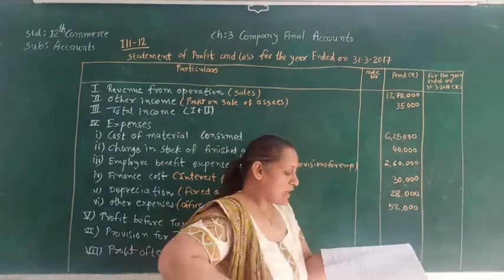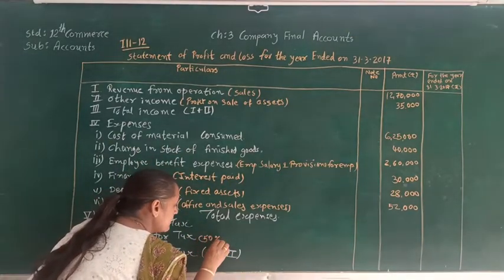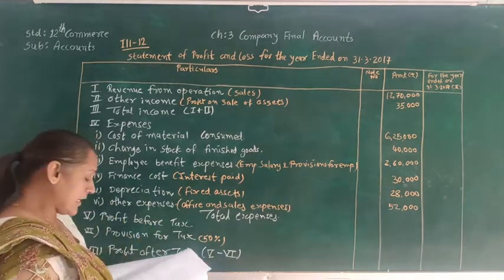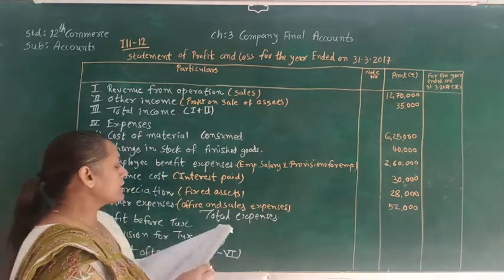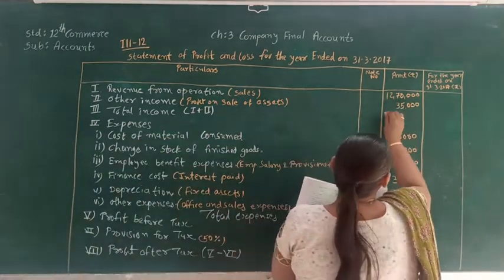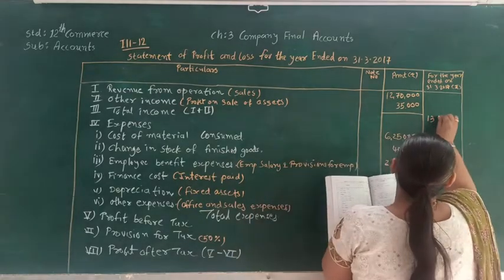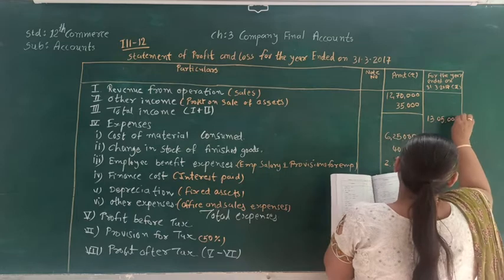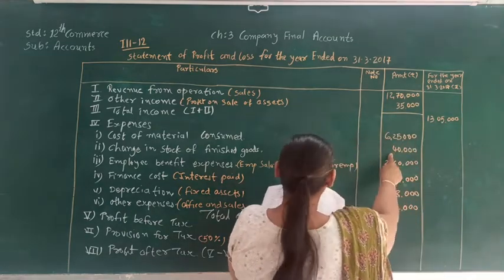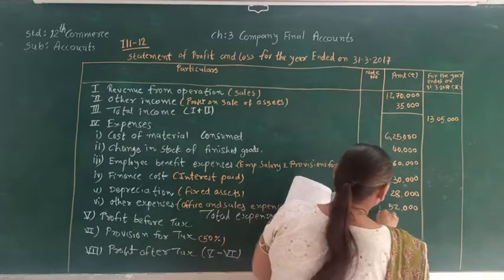So that's it. Now provision for tax is given to us as 50%. So we have to calculate that. When we come to it, we will calculate that. Before that, let's make the total of this. So here we can see 12,70,000 plus 35,000. The total of that will be 13,05,000. And now let's take the total of these: 6,25,000, 40,000, 2,60,000, 30,000, 28,000 and 52,000.